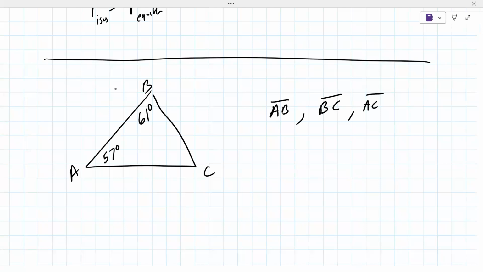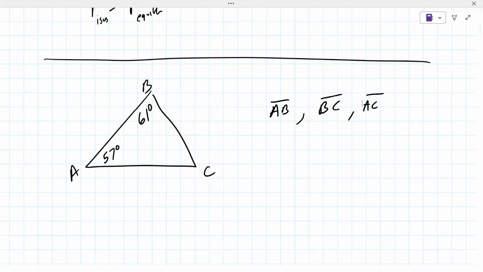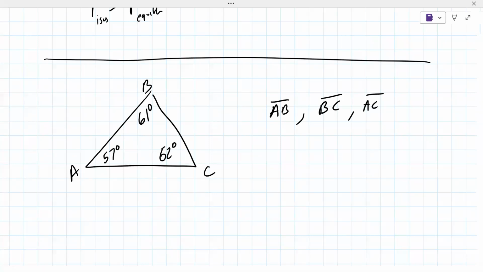Okay, we got 118. Let me know the missing angle here. 62. Okay.